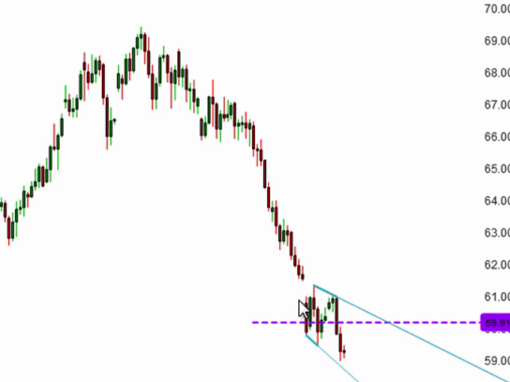Now this one is a potential example of what you might call a 3 drives to a low type pattern. It probably doesn't really conform with the purest Elliott version of events, in the sense that possibly this downward sloping resistance line is maybe not quite as steep as you might see in some of the texts.